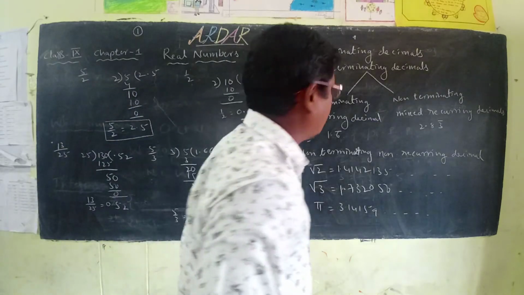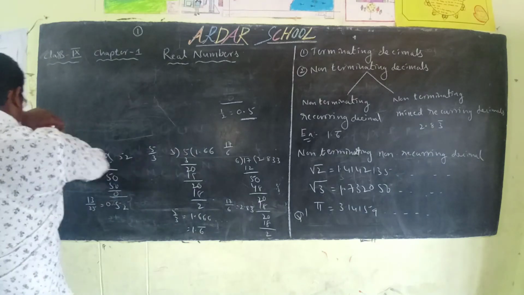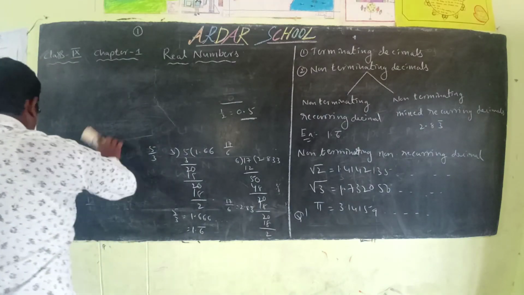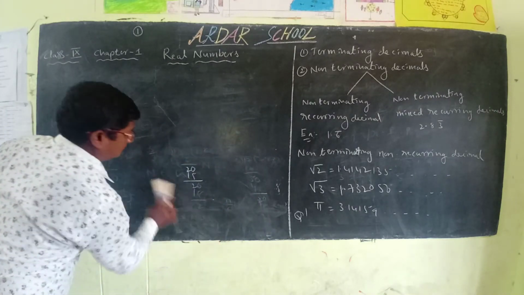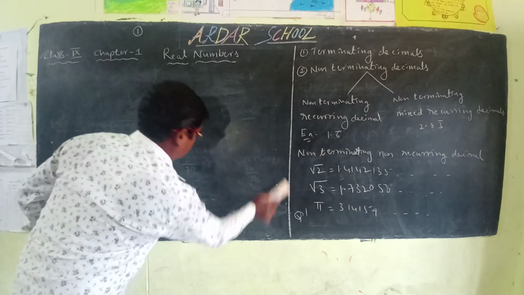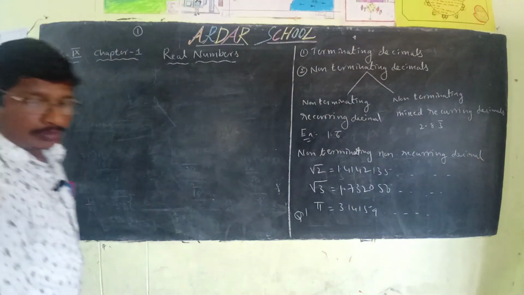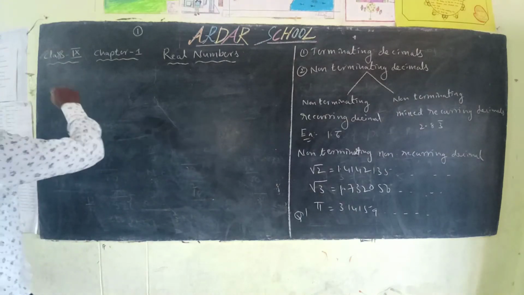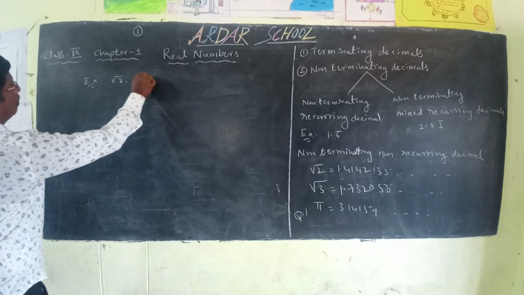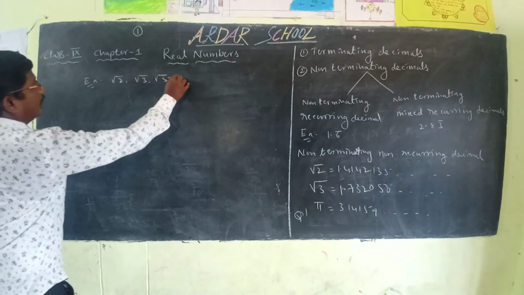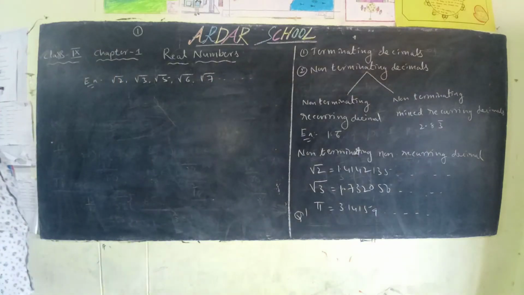Examples of irrational numbers are root 2, root 3, root 5, root 6, root 7 and so on.